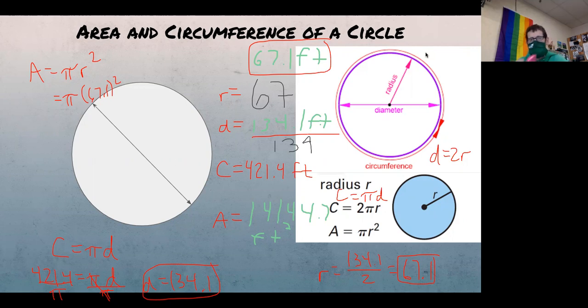And there's something that just came through in the chat. So if you are using, I can't remember the model, but it's a TI model. Maybe there's even some Casios that do this. What you need to do is there's a mode button. If it's showing up as 14 pi instead of the decimal answer, there's a mode button. And when you click on it, you go down and you're going to see math print as an option that's selected.